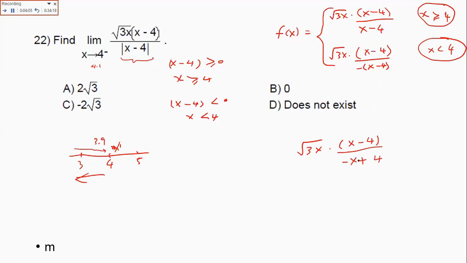That gives negative 1. And this is going to give me square root of 3 times negative 1. We can take 4 outside. It will give us minus 2 multiplied by square root of 3. Okay, let's go to the next question.